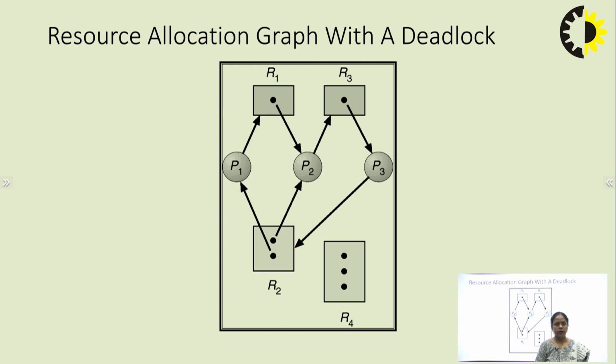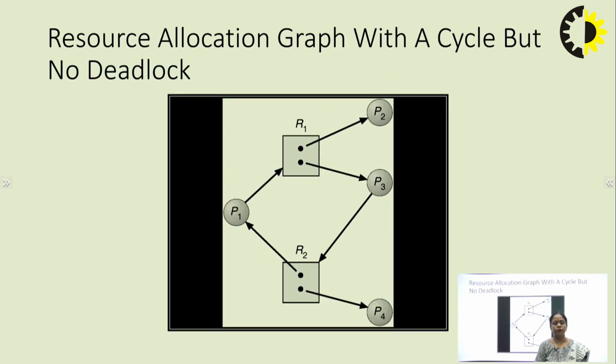Next, you can see here a resource allocation graph with a cycle, but we don't have deadlock here. Why? You can see we have 4 processes, P1, P2, P3 and P4, and 2 resources R1 and R2, which have more than one instance.